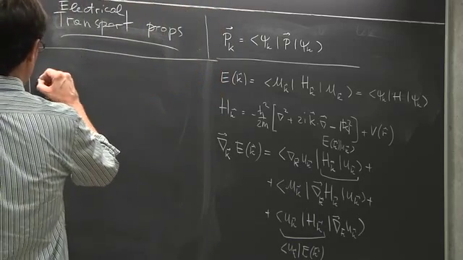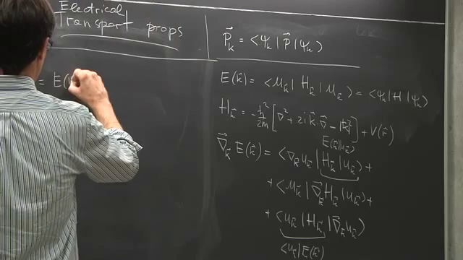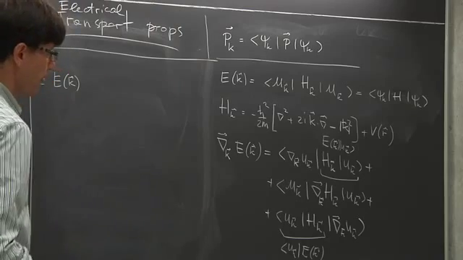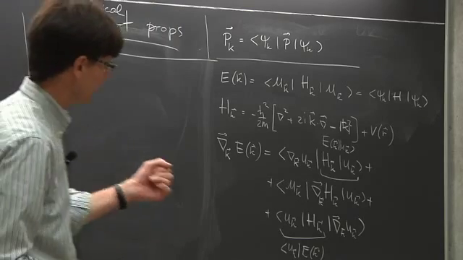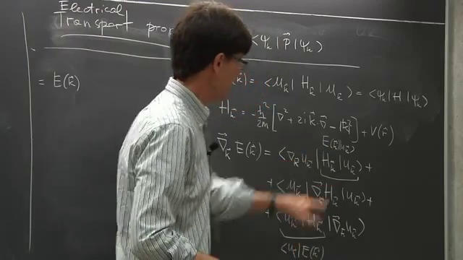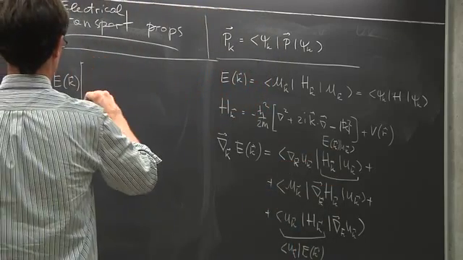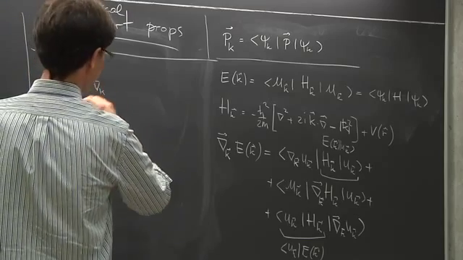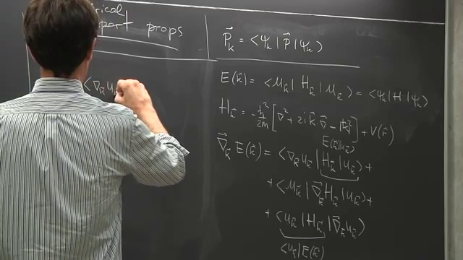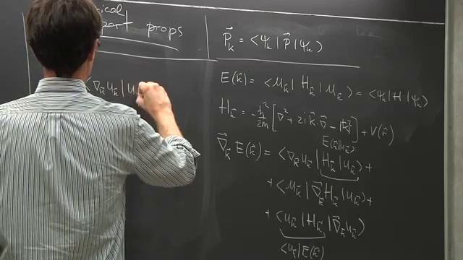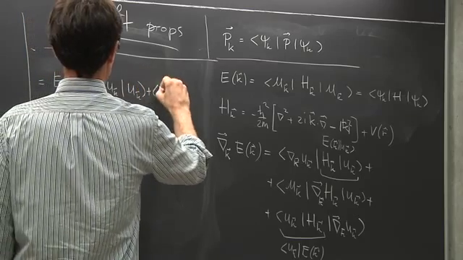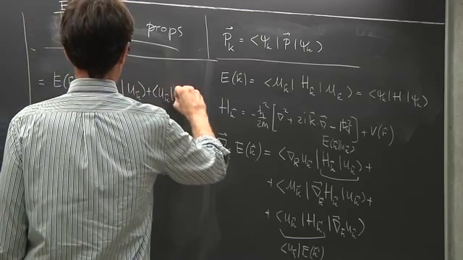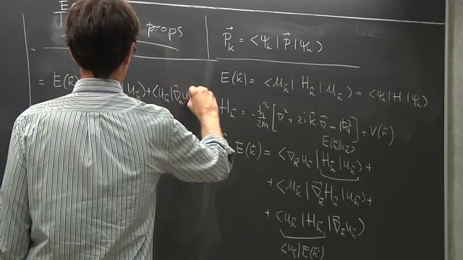They both contain an E of k, which I can extract out because this is now a number. And then it's the gradient of u of k with u of k plus u of k with the gradient of u of k.